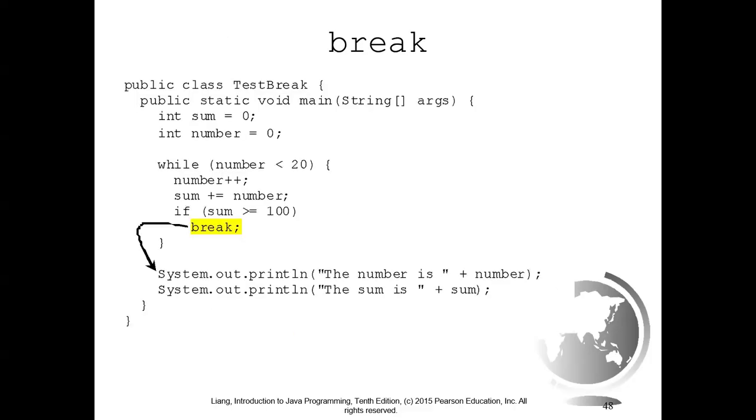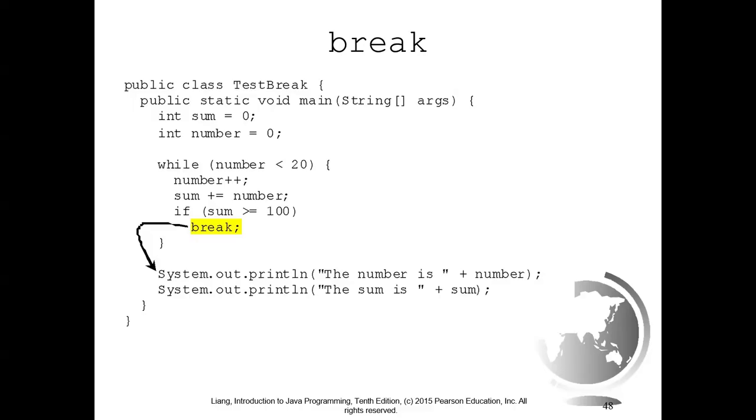As we can see in the test break code, we are writing the break inside of the while. We have initialized the sum to be 0, the number to be 0, and while number is smaller than 20, we will do something. The something refers to incrementing the number by 1 and summing the number. And if the sum is over 100, then we will break.